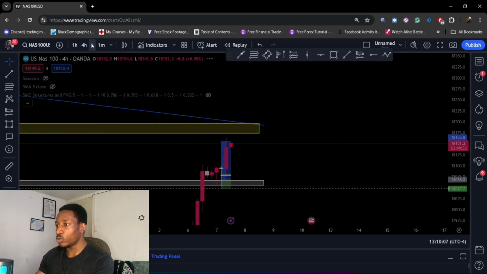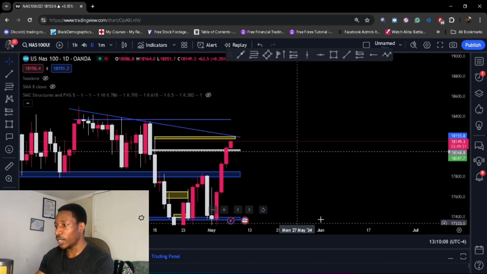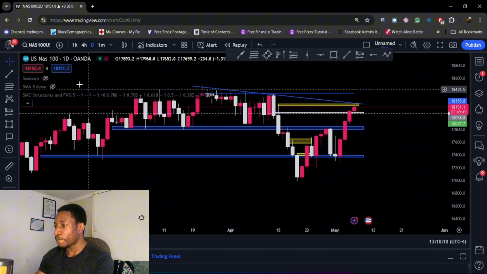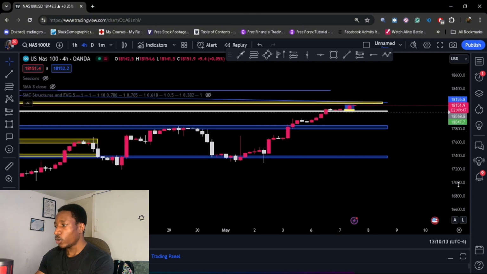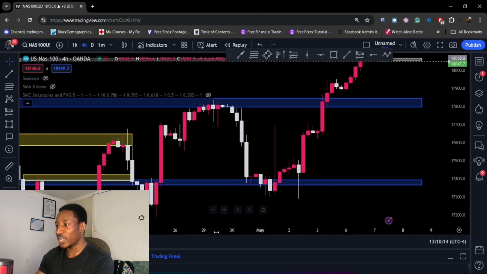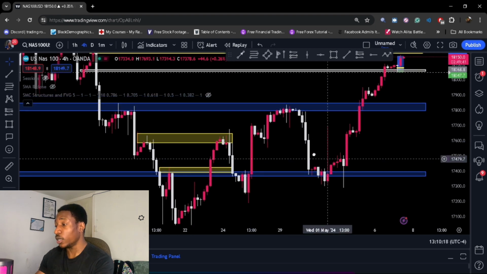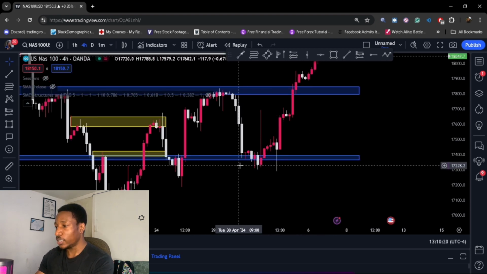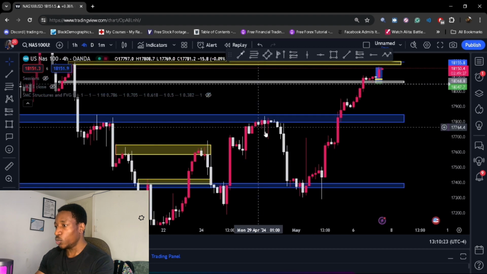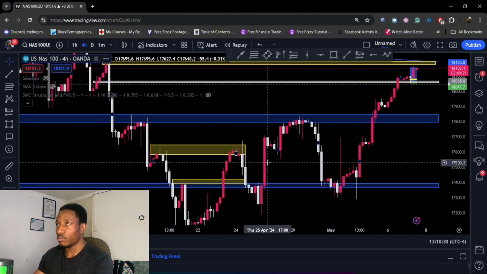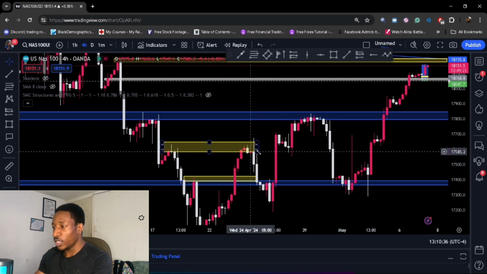Now, when it comes to looking for reversals in a demand zone, you have to understand how price moves, right? Because at the end of the day, guys, you have to know how price moves, man, right? So in this particular case here, once price reached this significant area right here, now, guys, this particular setup doesn't work 100% of the time, because at the end of the day, this is a supply zone.